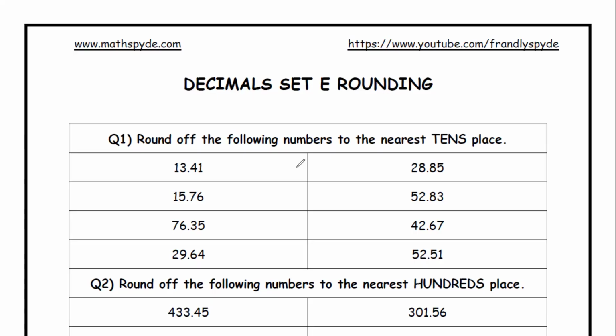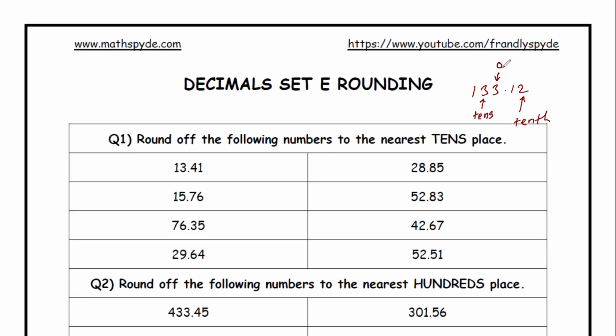Right. So we're moving on to decimal set E, rounding. This one is having tens, not the tenth. If you have 133.12, this is the tenth, whereas this one out here is the tens place.